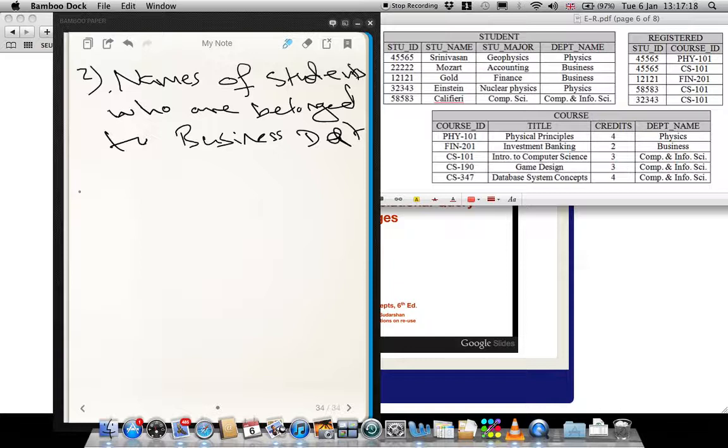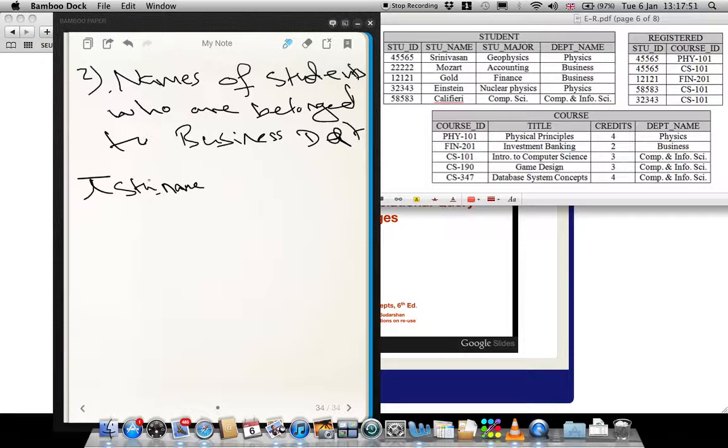In the student table we have all the student names and we have all the departments. We need to look at those students who are in the business department. First, we list all the student names, so we do projection: student underscore name.